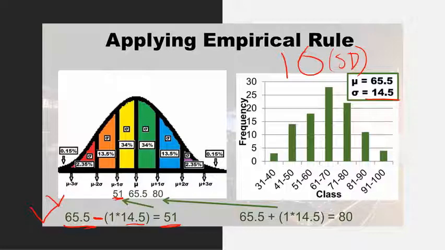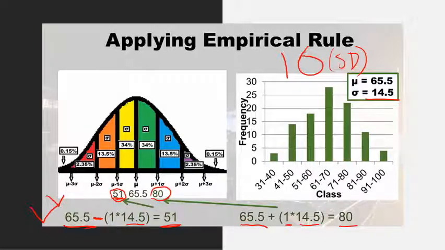Now let's find our upper limit. We have our mean, and then we add however many standard deviations times the standard deviation, and we get 80. So 80 is our upper limit for 1 standard deviation, and 51 is our lower limit.